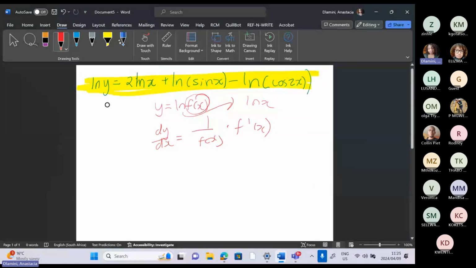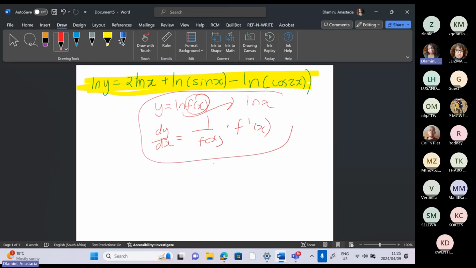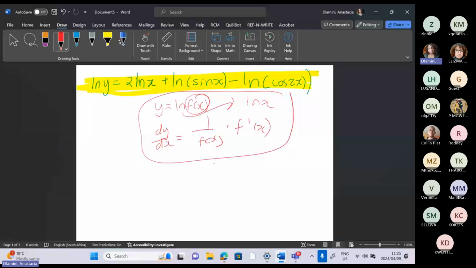So meaning that now we need to differentiate. According to the standard rule of differentiation, which is also on a page in our previous session, we differentiate both sides. So we start differentiating this ln. So this ln will be 1 over y, 1 over the function times the derivative of the function.